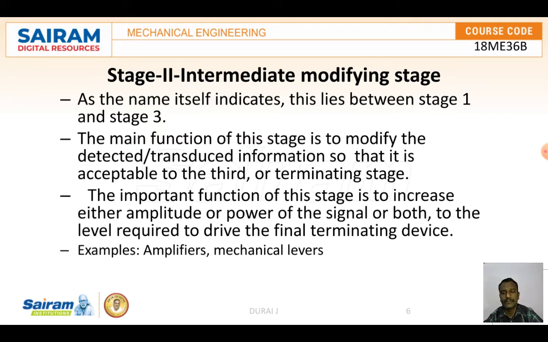The minimum value we can measure with a normal scale is 1 mm only. Values like 0.01 mm we are not able to measure. So to measure values smaller than that, magnification is required, and all of this is done in this second intermediate stage. Examples are mechanical levers as well as amplifiers.